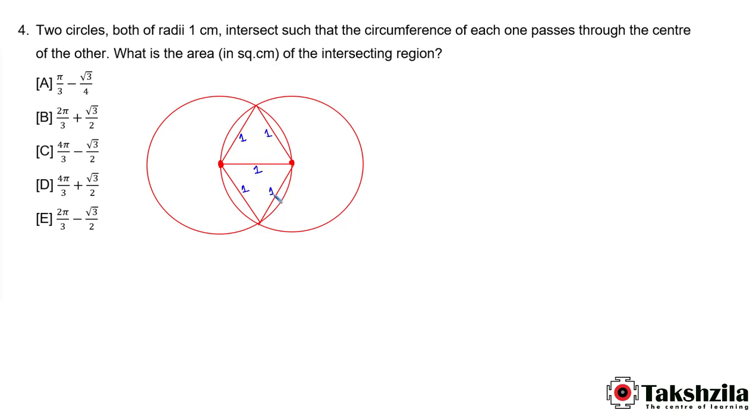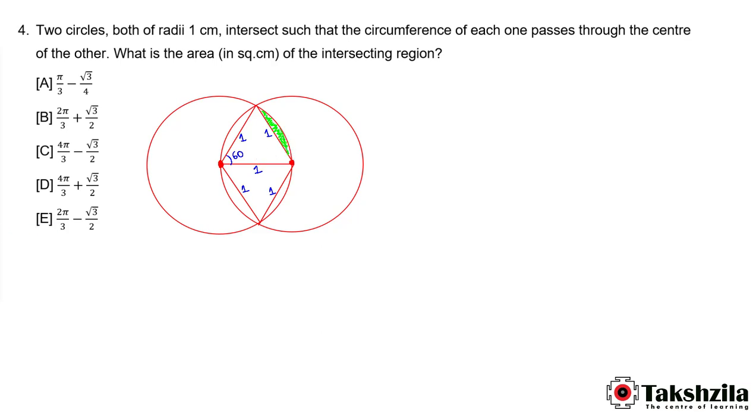So basically these two triangles become equilateral triangles. All three sides are equal and the measurement of each interior angle will be 60 degrees. So over here we need to find the area of the common region. So what we can do is, this is the green region. First of all, let's find the area of this green region.